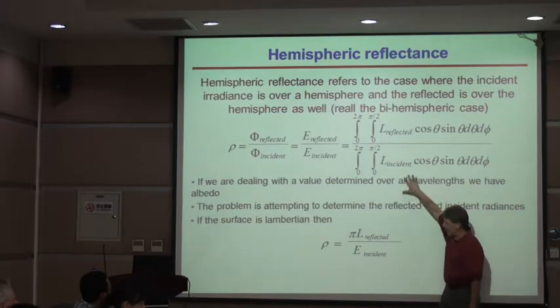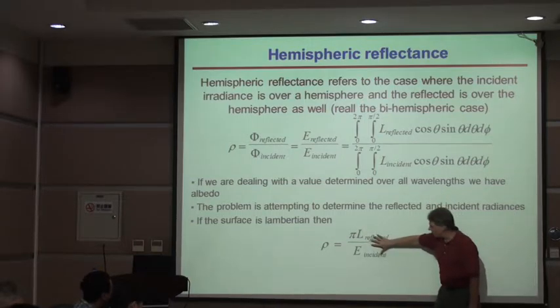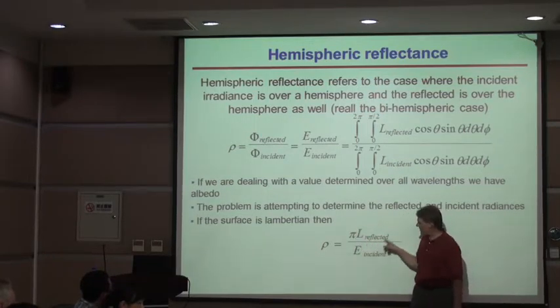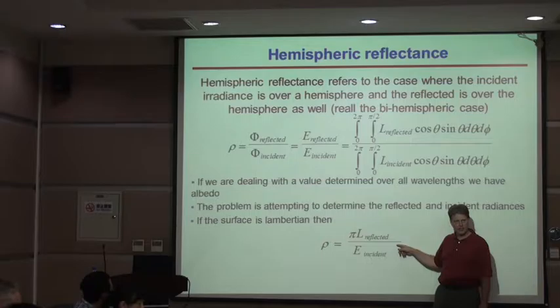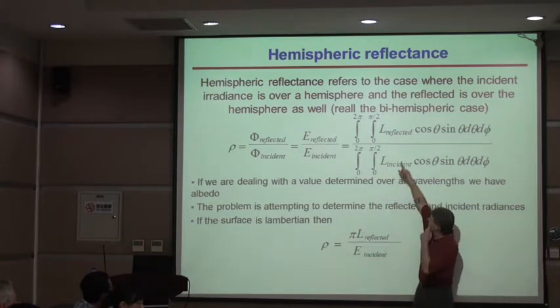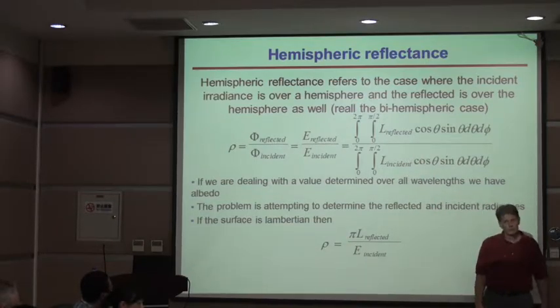If we go to a Lambertian surface, then we end up with a nice simple formulation where the reflectance is equal to pi times the radiance of the reflected energy over the incident irradiance. This factor of pi comes from the cosine factor integration up on the top there. Right?